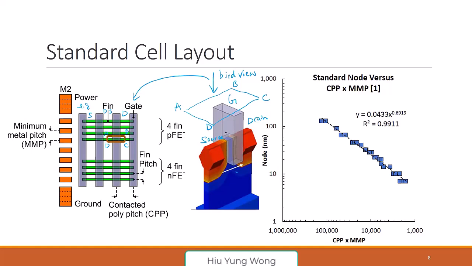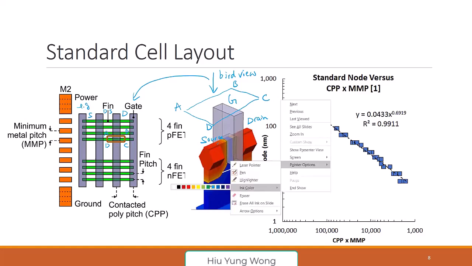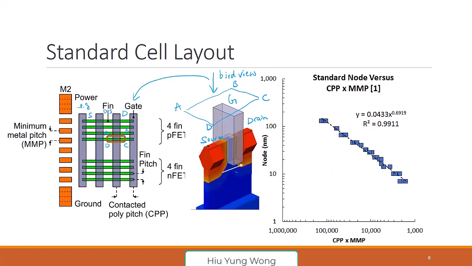Okay, so you see this gate. This is the gate running along this line, right? And then this is source and drain here. And then each of this is the green line. Maybe the best way for me to say that is to even color this as green, then you will see it very clearly.